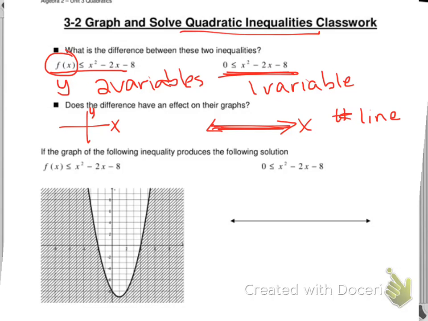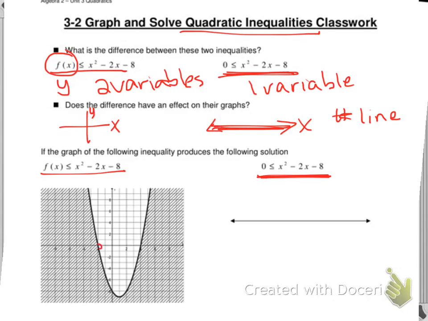So we are going to be using those when we answer these questions below. I'm going to do two examples, and then you're going to do two by yourself. That is the plan. Looking at this first one, we have the graph: f of x is less than x squared minus 2x minus 8. I want to use that to help me find the solution to the inequality when it's greater than 0.